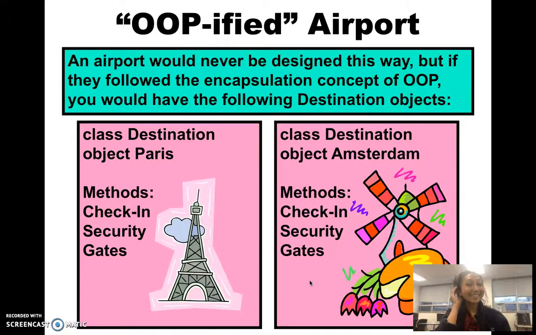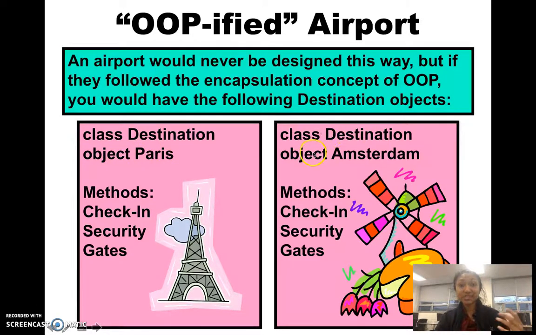An OOP-fied airport, like how would an airport be object-oriented? An airport would never be designed this way, but if they followed the encapsulation concept of object-oriented programming, you would have the following: class Destination, and an object of Destination is like Paris.